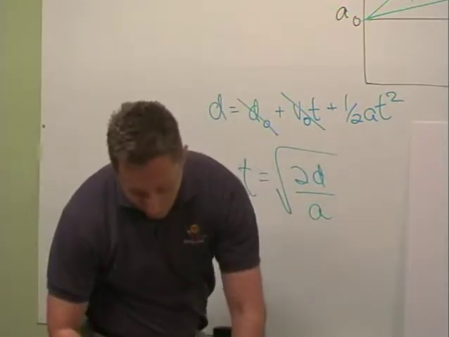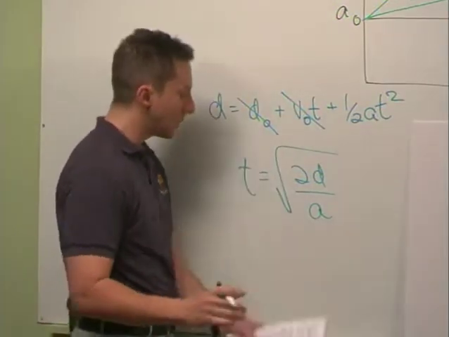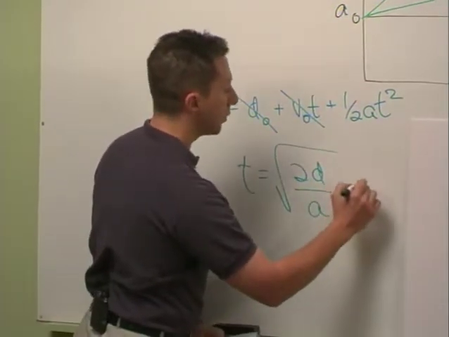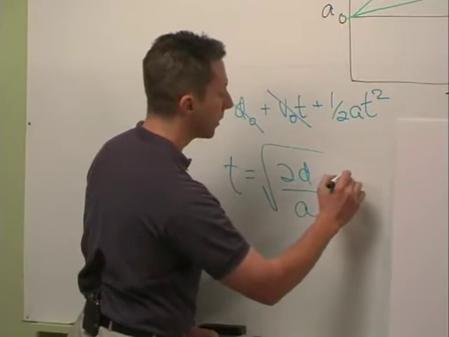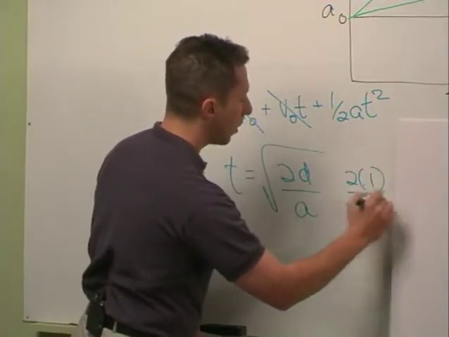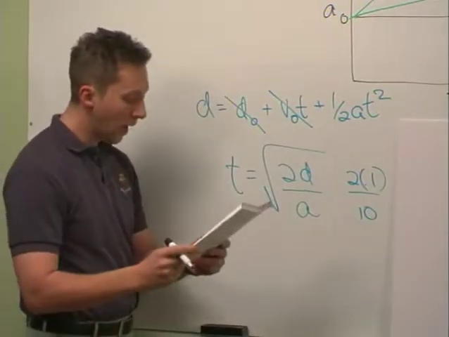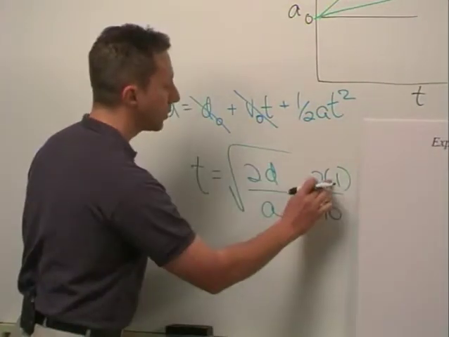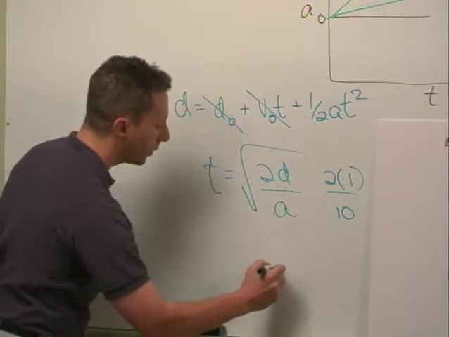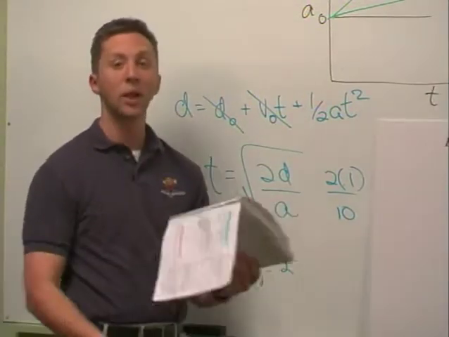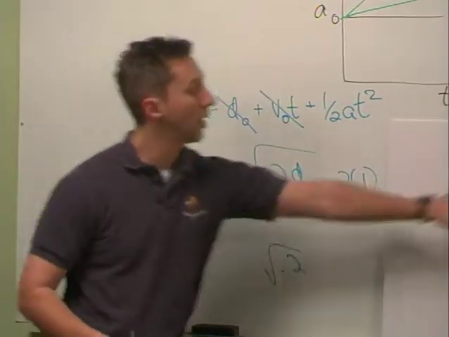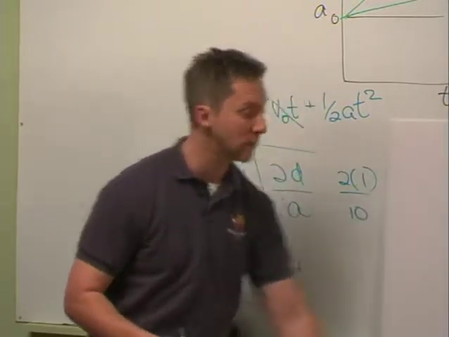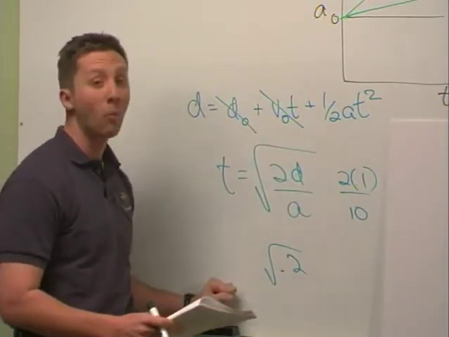From the passage, this height is 10 centimeters. So it's 2 times 0.1 over 10. I'm sorry, it's 1 meter is the distance that the ball falls. So it's 2 times 1, or 2 over 10, 0.2, the square root of 0.2. That would be the time to fall if this ball is not affected by air resistance. It's now more than that.